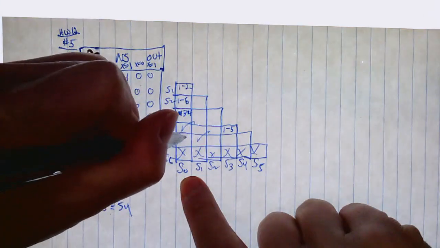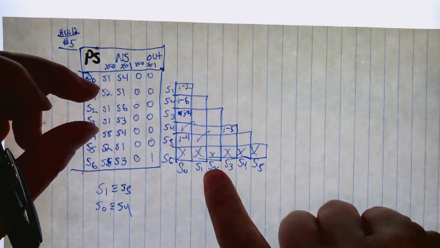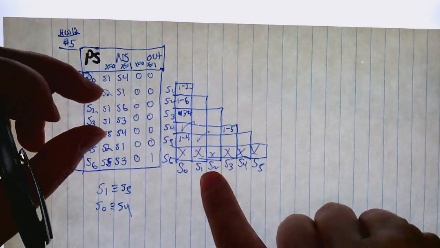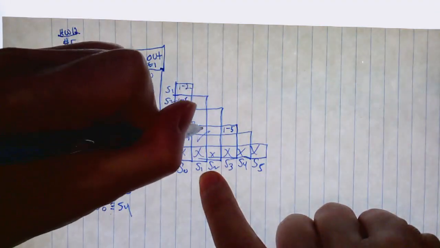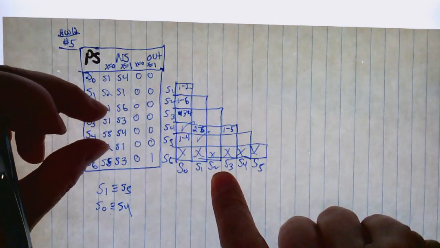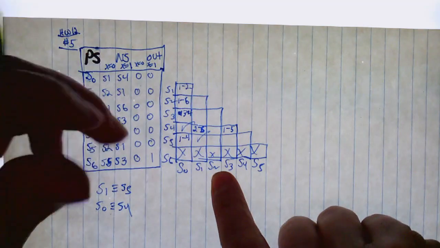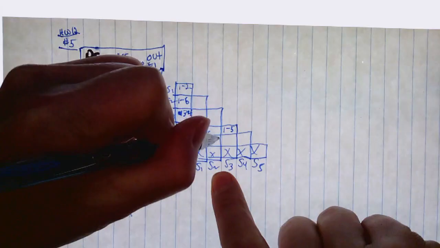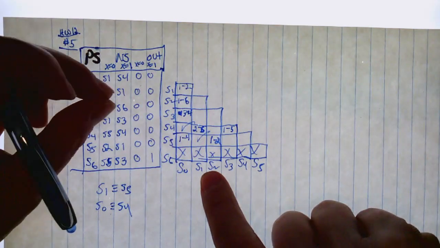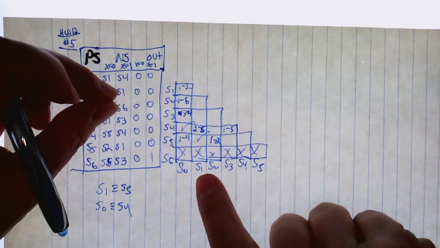So 1 and 4. Let's take a look at 1 and 4. 1 is equal to 4 if 2 is equal to 5. 2 is equal to 5 if 1 is equal to 2. 1 is equal to 2 if 1 is equal to 2, and if 1 is equal to 6. 1 is not equal to 6.